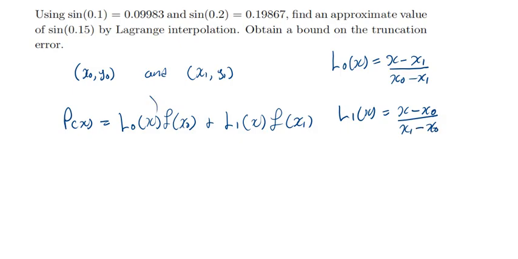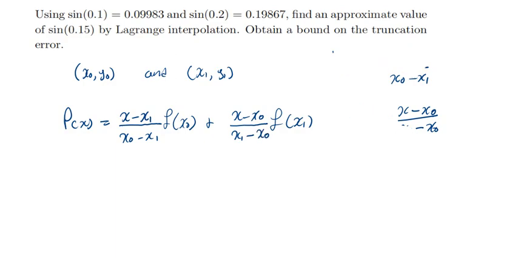So that's what you're going to substitute here. Okay, so I'm just going to erase this part. So what we have here, we can plug in: x minus x sub 1, then here you have x naught minus x sub 1, then here you're going to have your x minus x naught, then x sub 1 minus x naught, like that.